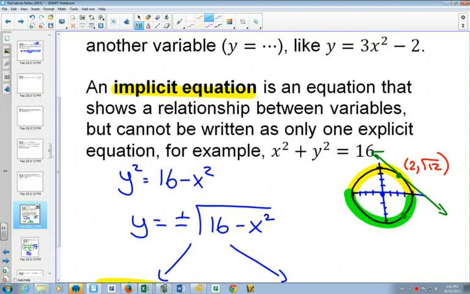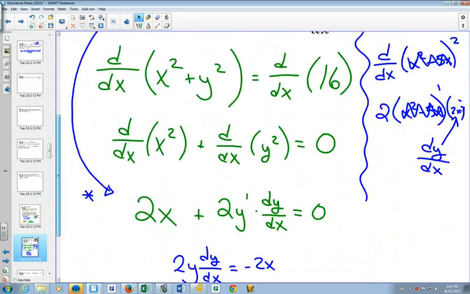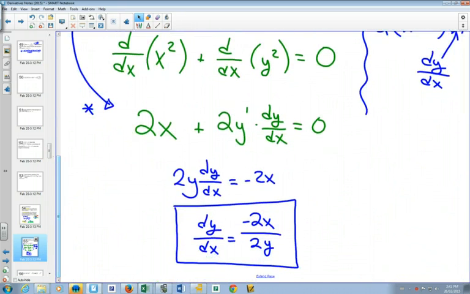So I need an x and a y in my derivative in order to be really specific about which point I'm talking about. So I could plug it in when x is 2 and y is root 12. This example would say the slope of that line is negative 4 over 2 root 12. And that, of course, could simplify. But that would be the basic idea of finding the slope of that line at that point.